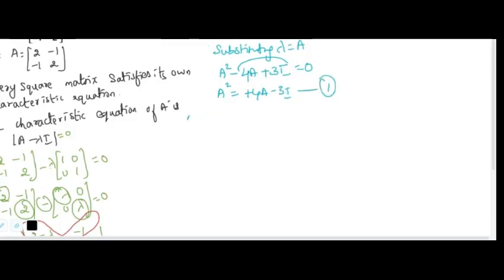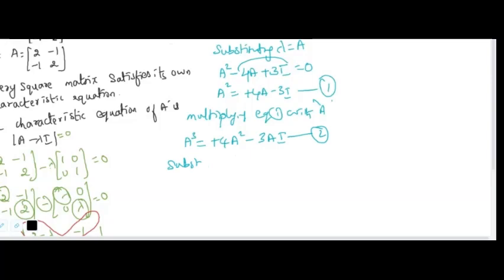Then multiplying equation 1 with A. So here it will be A cube is equals to 4A into A is 4A square minus 3AI. Now call this as 2.